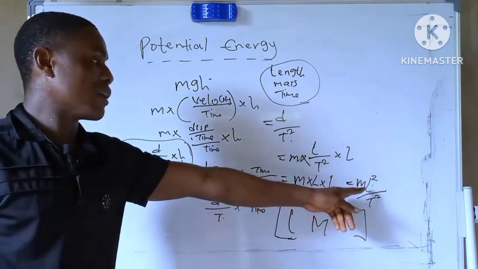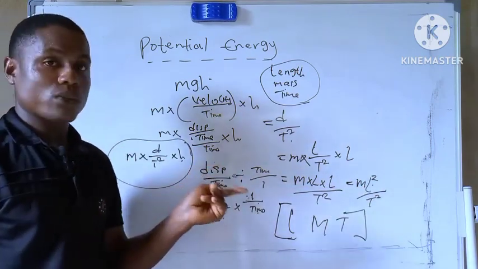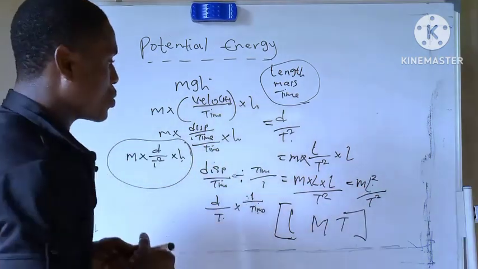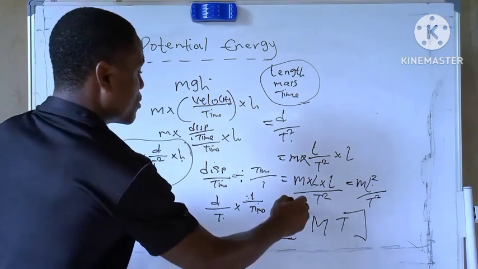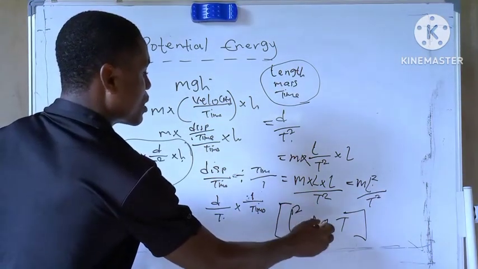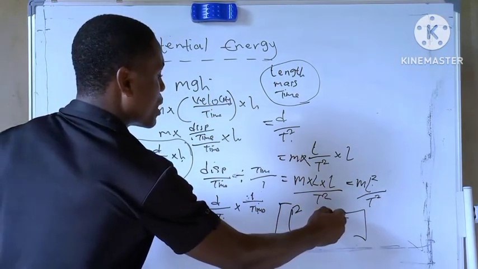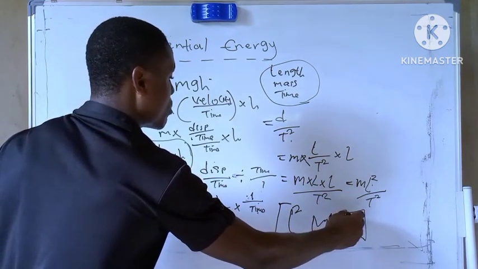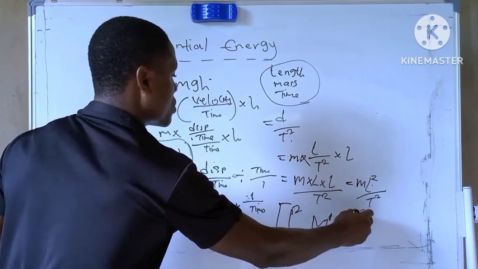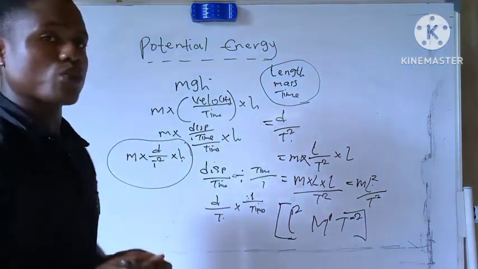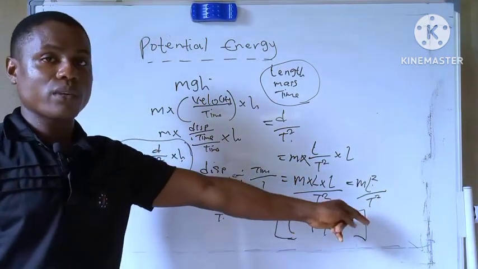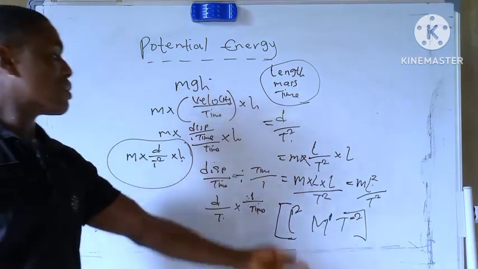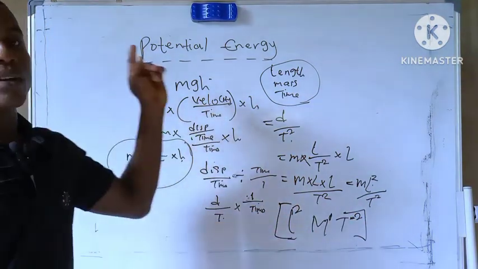And M and L are the two numerators here, isn't it? So we have L square M1, and since time is the denominator, we represent it as raised to minus 2, because it's a denominator here. Okay, so this is the dimension of potential energy.